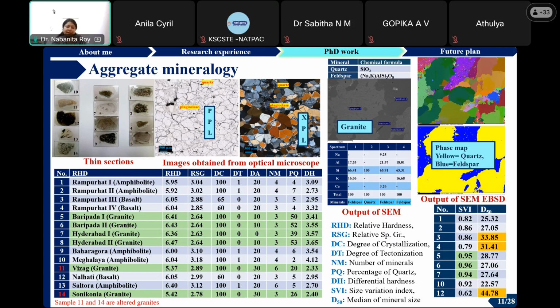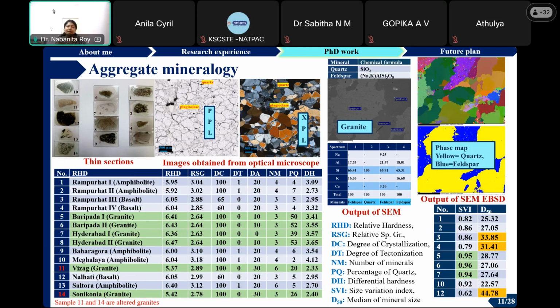Now percentage of quartz is very important because we have seen that percentage of quartz has more influence on aggregate polishing. It is giving some resistance to polishing. Another parameter is differential hardness. Another two parameters were also identified from mineral size.